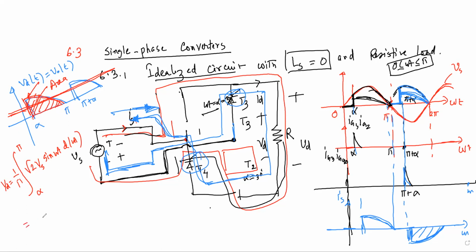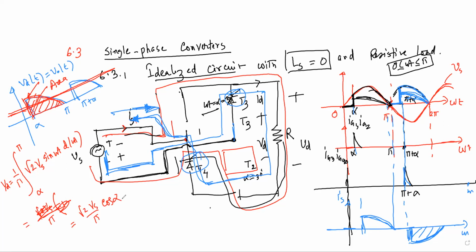So if you do that, then you will get √2 Vs by pi times cosine of alpha. You can do that. Yes, sir.